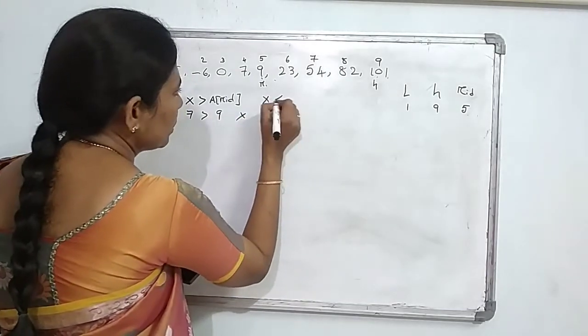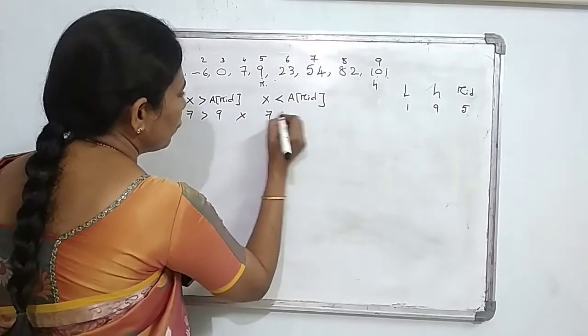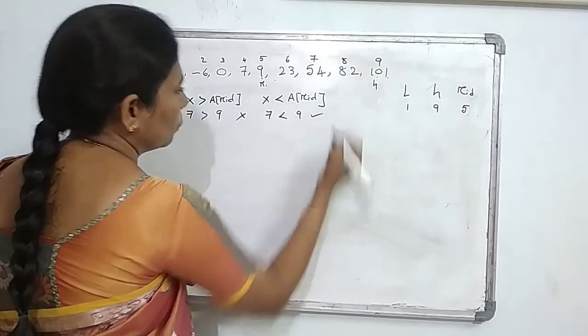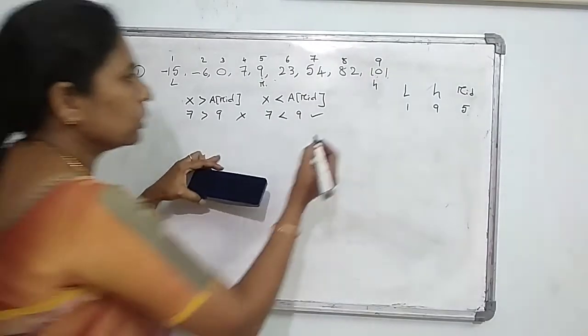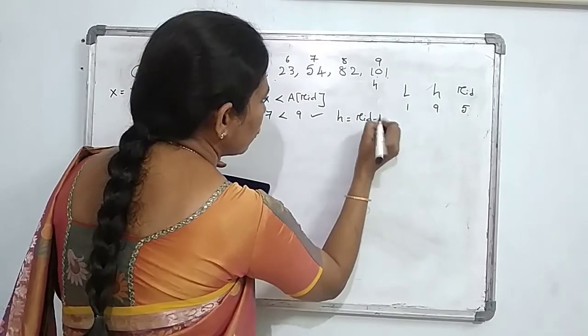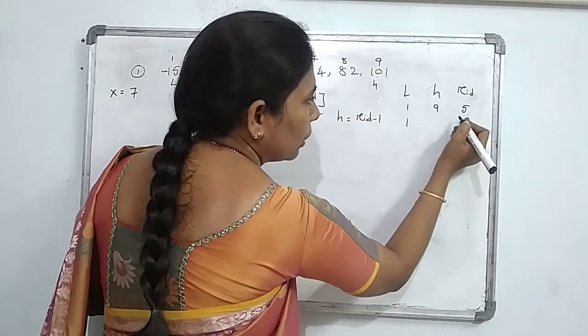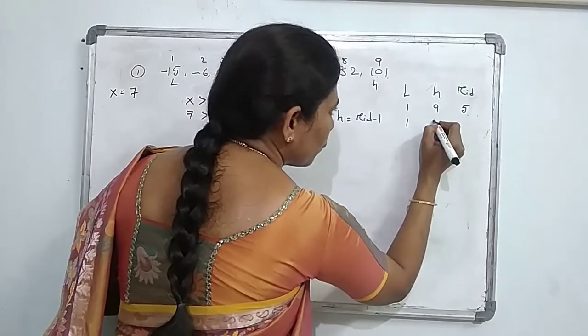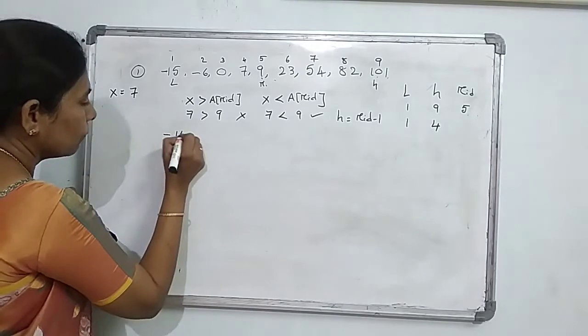Now compare x less than a of mid: 7 less than 9, true. If it is less than 9, now you change the high value: high equals mid minus 1. That means low equals 1, mid is 5, so high is 4. Now you can take the values.